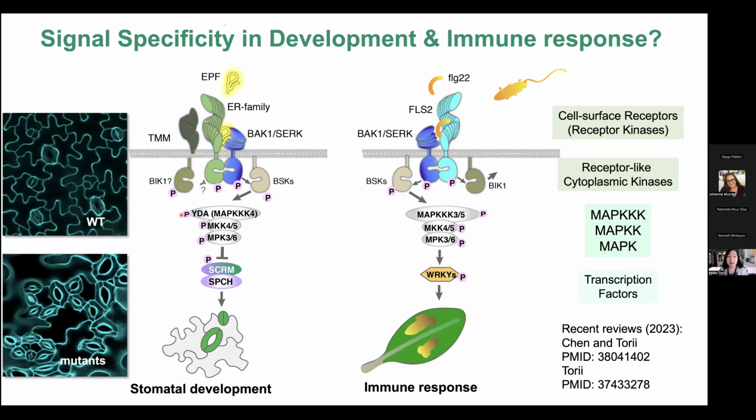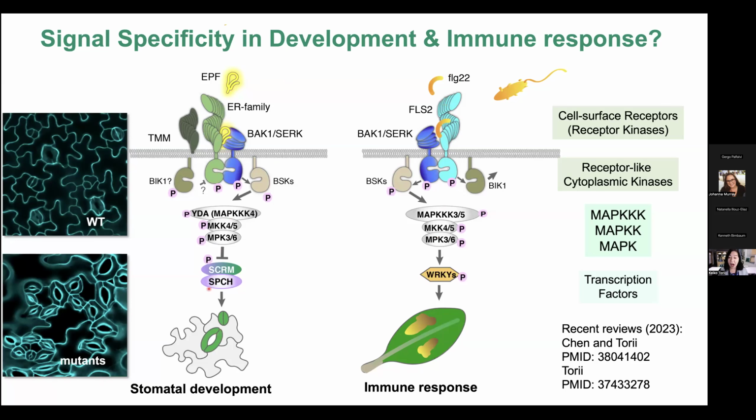This question emerged from the bigger context of receptor kinase signaling: what are the signal specificities between development and immune response? It's been a conundrum for many years, because the stomatal development pathway and many different pathways, including the immunity pathway, share components other than the ligand, EPF coming from plants or flagellin peptide coming from bacteria, perceived by the FLS2 immune receptor or ERECTA family.